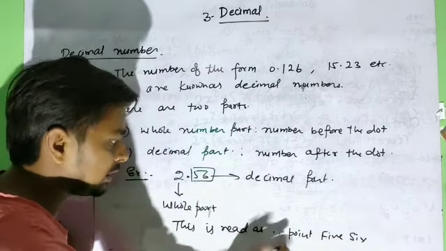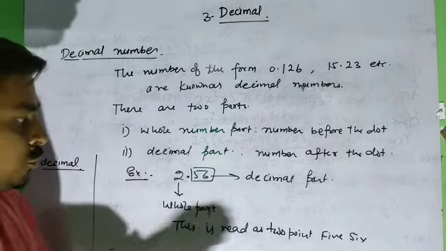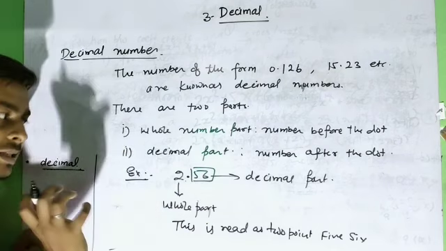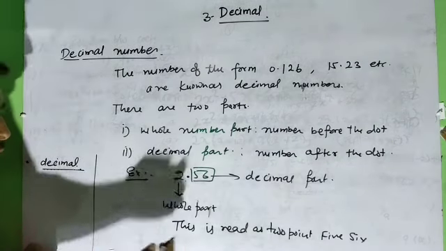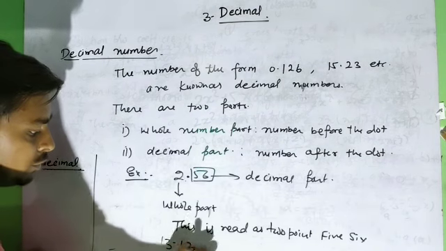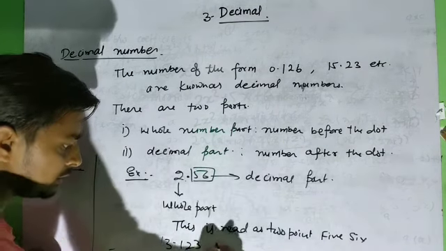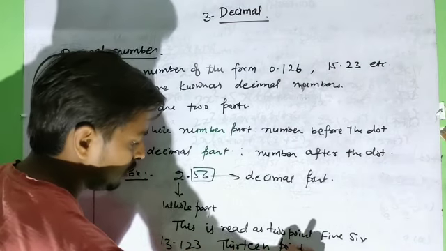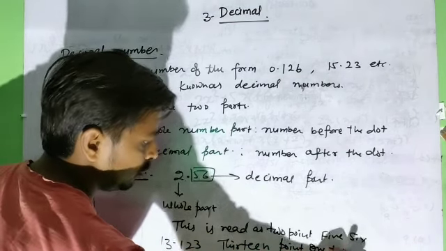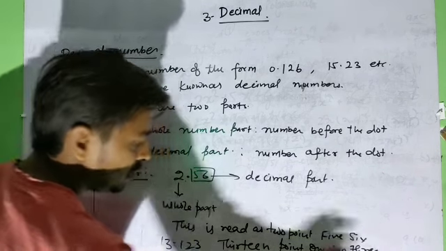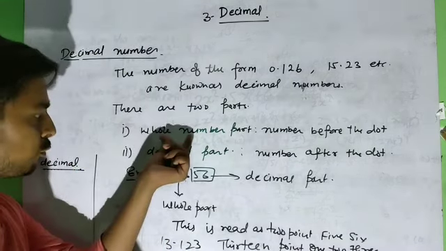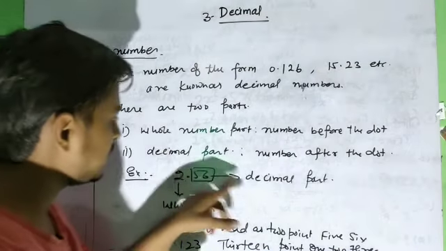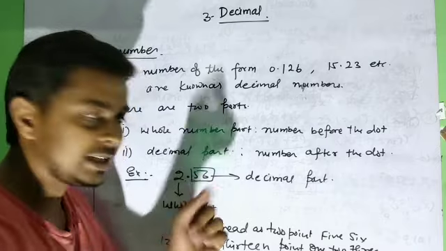Take 13.123: the number before the decimal is read as a whole number, and the number after the decimal, the decimal part, is read separately.